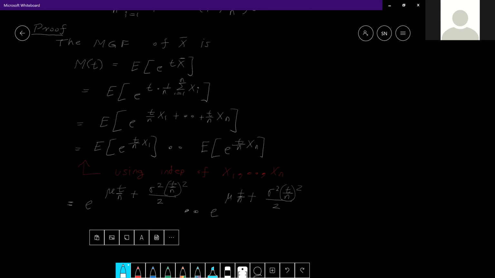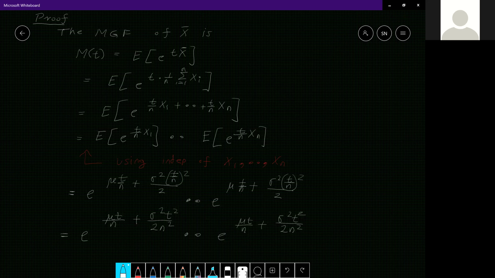You follow what I'm doing, right? Let me write this in a slightly different way: mu t divided by n plus sigma squared t squared divided by 2 n squared.